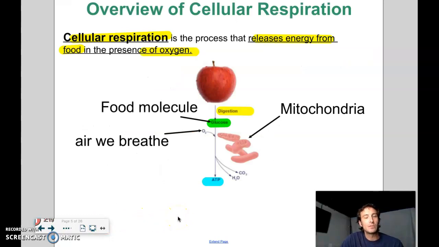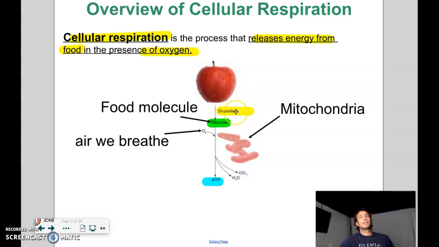So again, just sort of another overview. You're looking at a process that releases energy in the presence of oxygen. So in other words, you need oxygen to make this work. If you imagine taking a bite out of an apple, we know from our food lab that we have both starches and glucose in that apple. We have enzymes in our mouth called amylase that start to break it down.